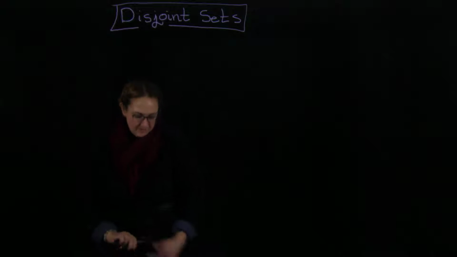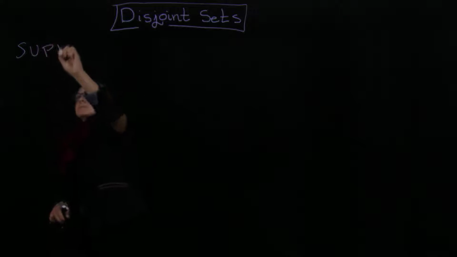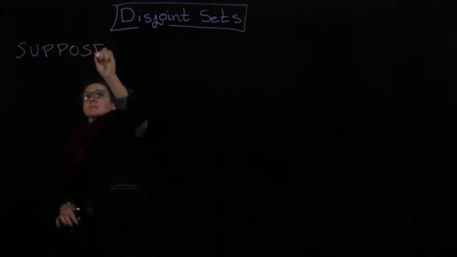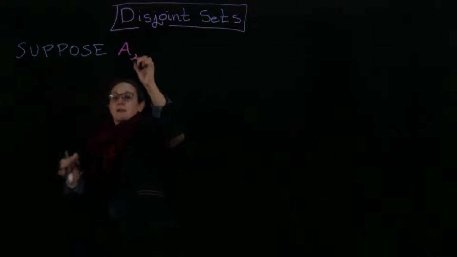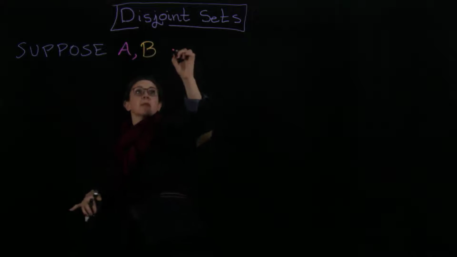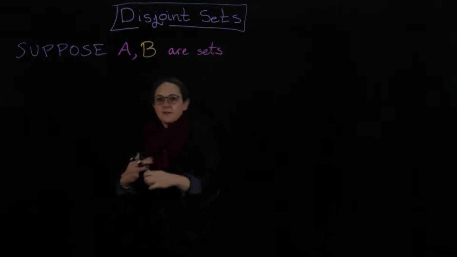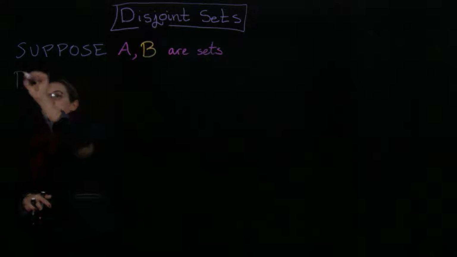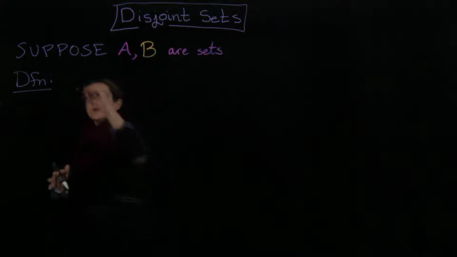So suppose that we have two sets, A and B. Suppose that A and B are sets. And then we have this definition, which says A and B are disjoint.